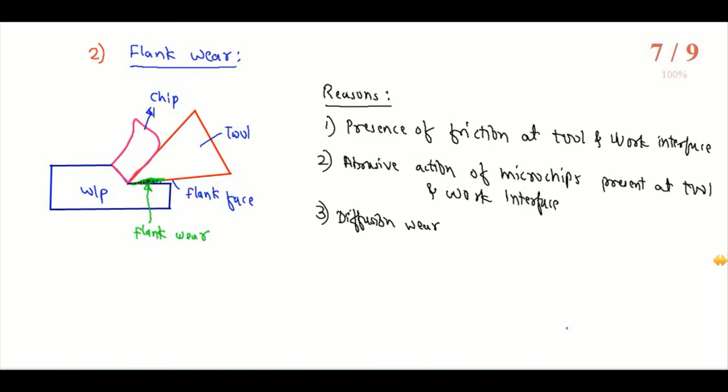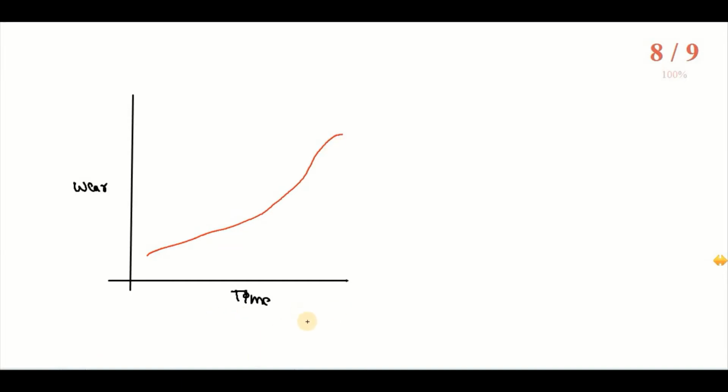So now if you draw the graph, on the y-axis the wear, and on the x-axis the time, then the wear we are getting is increasing with the increasing of time.